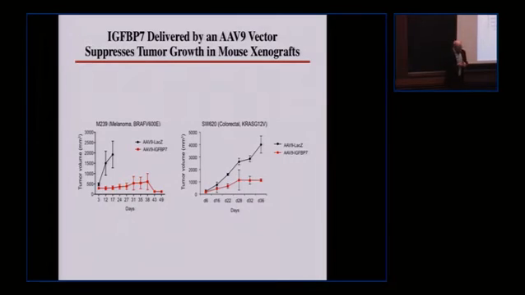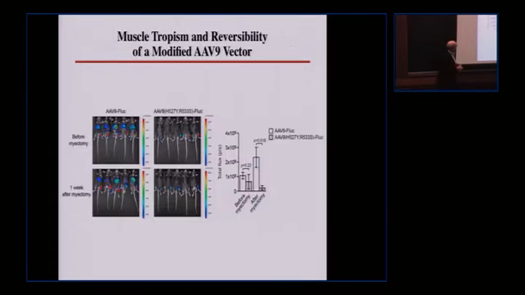Now, one of the things we're continuing to do with Guangping is to optimize the delivery platform, and particularly we're trying to get it so that IGF-BP7 is expressed only at the local site of injection. That would enable us to get rid of IGF-BP7 and AAV if desirable by a simple muscle biopsy.